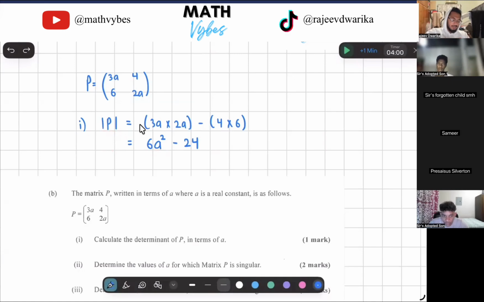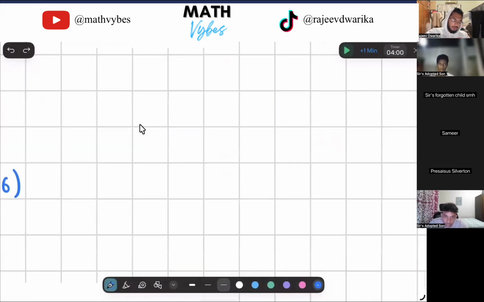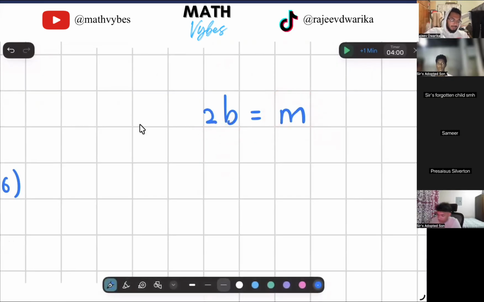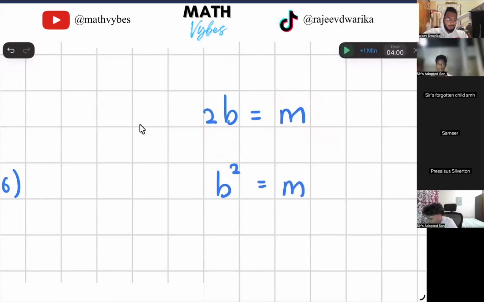Okay, let me show you what I mean. If I told you that 2 bananas cost the same as 1 mango, aren't I writing the cost of a mango in terms of a banana? Yes, sir. If I tell you that the price of a banana squared is equal to the price of a mango, aren't I writing the cost of the mango in terms of B, which is a banana? Yes, sir.